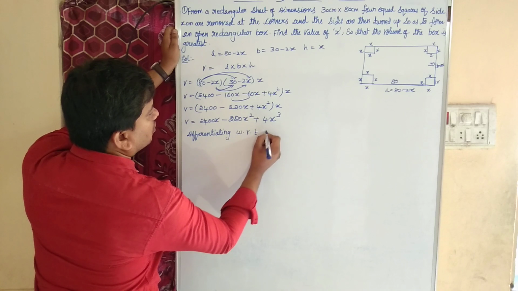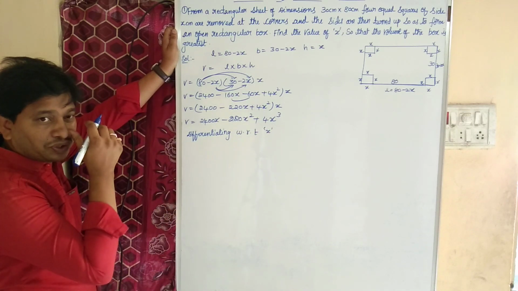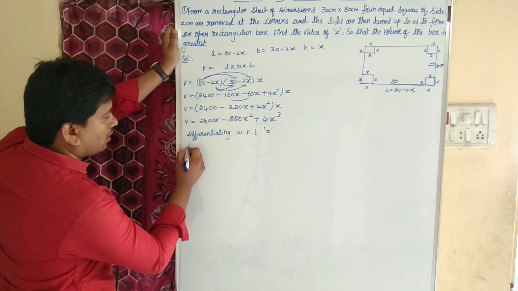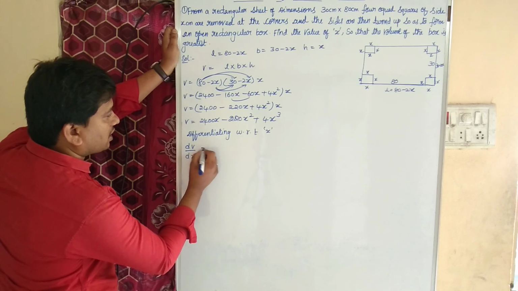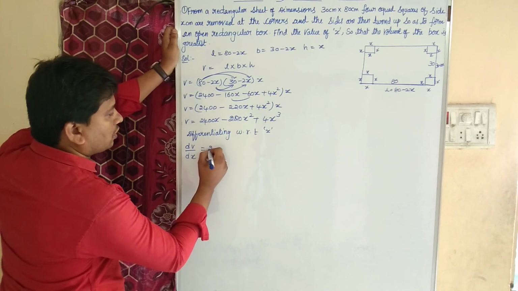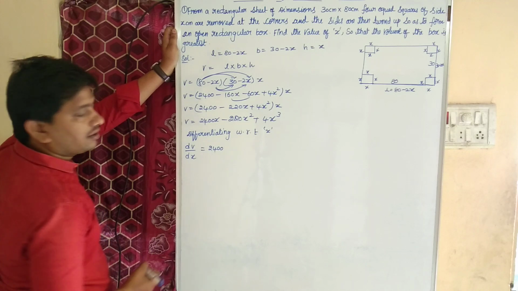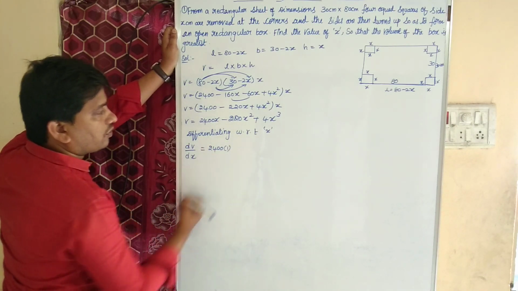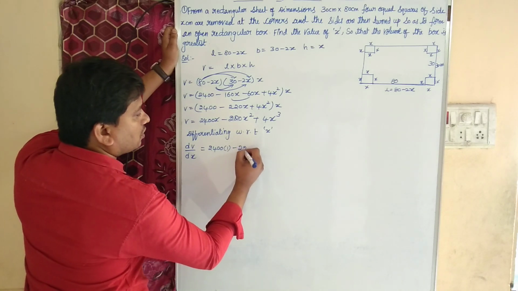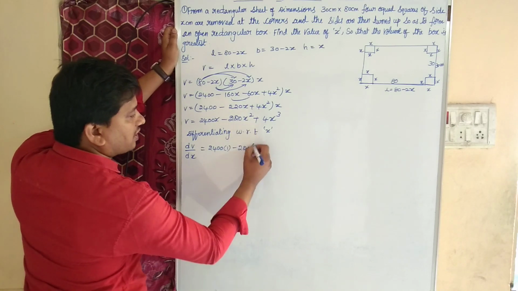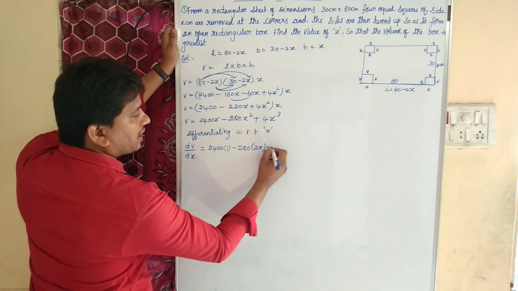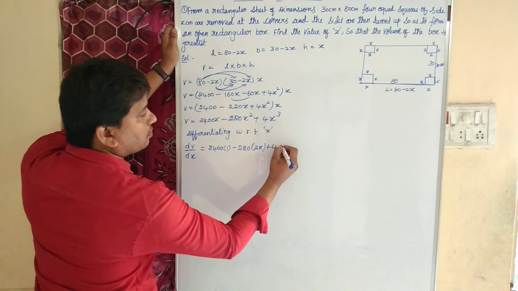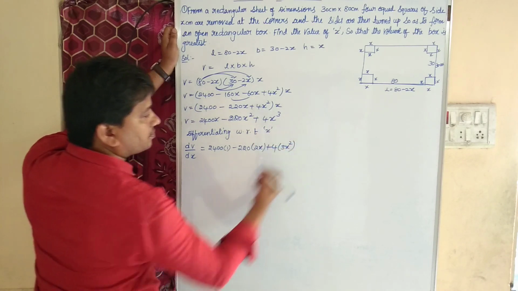with respect to x. So this will become dv by dx equal to 2400 into x derivative 1, as the derivative of x is 1, 2400 into 1, 2400 only, minus 220 is constant, x square derivative is 2x, plus 4 is constant, and x cube derivative is 3x square.